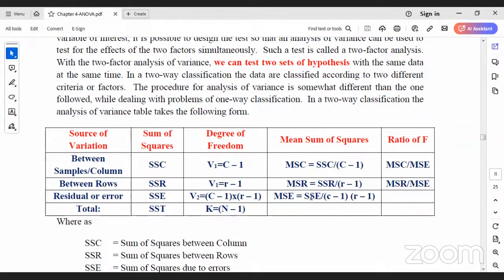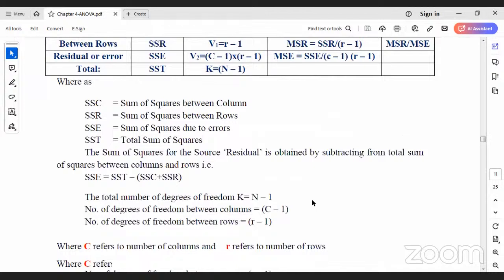Here SSC stands for sum of squares between columns. SSR is equal to sum of squares between rows. SSE is equal to sum of squares due to errors. Then SST is equal to total sum of squares.